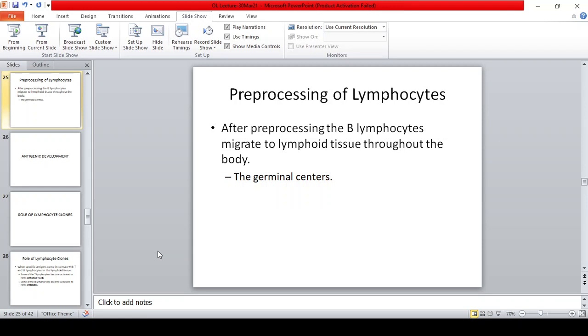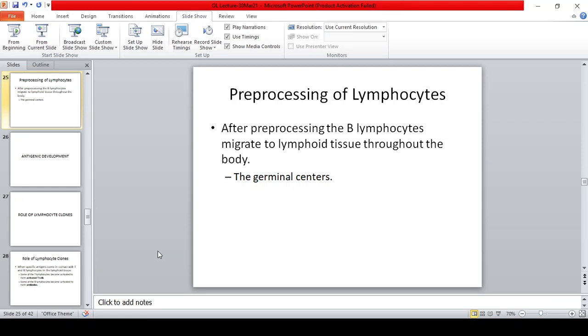Now this is the point up to which these lymphocytes, whether B or T, haven't come across any antigen. They have just developed the capacity and the capability to react to any antigen, but they have as yet not encountered any antigen. They are just waiting there in the lymphoid tissue, in the lymphoid organs, to meet a specific antigen.